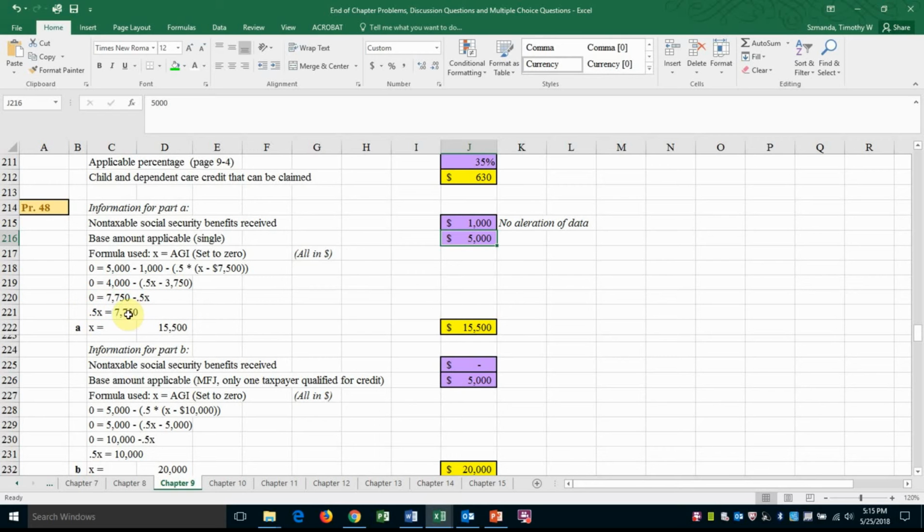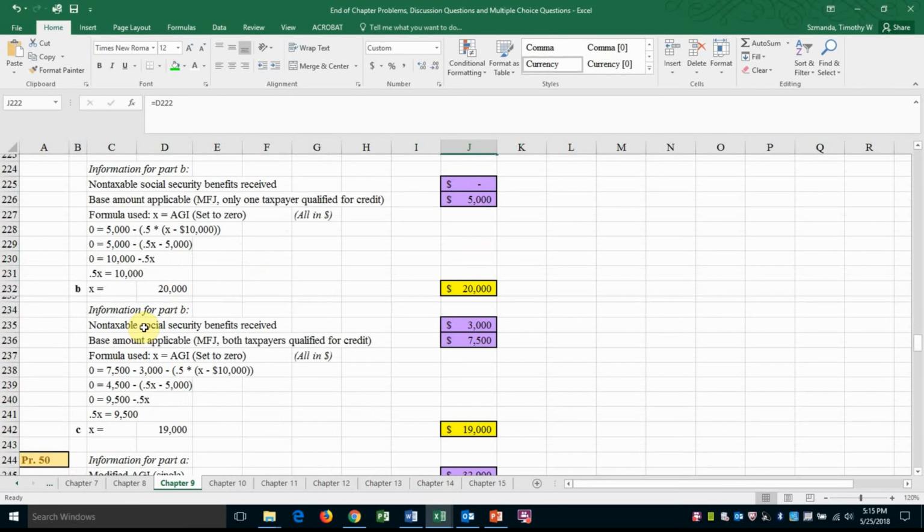Move the 0.5x to the other side of the equality sign, and we have 0.5x is 7,750. 7,750 divided by 0.5 is like multiplying it by 2, and we wind up with x at 15,500. Alright, so that's the AGI limit for this couple. And then the others are solved similarly.